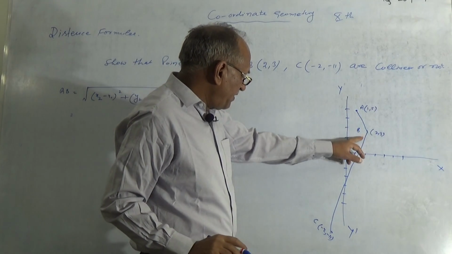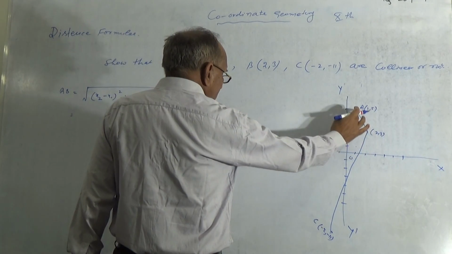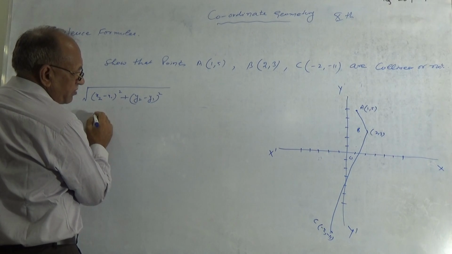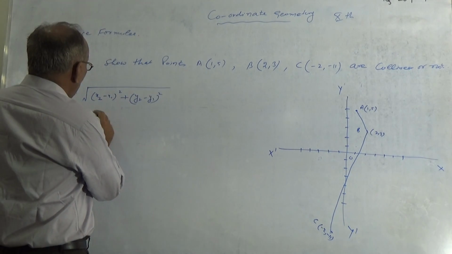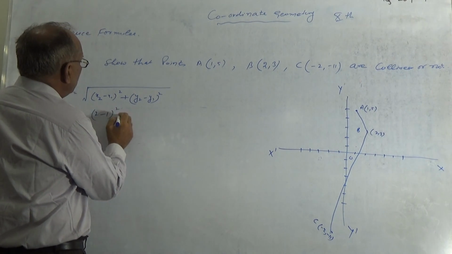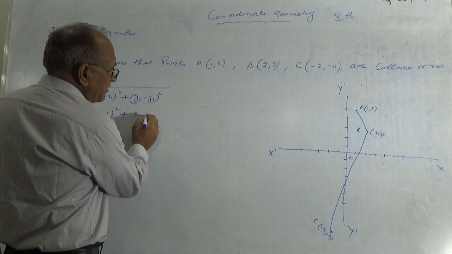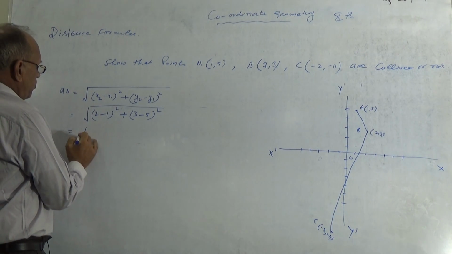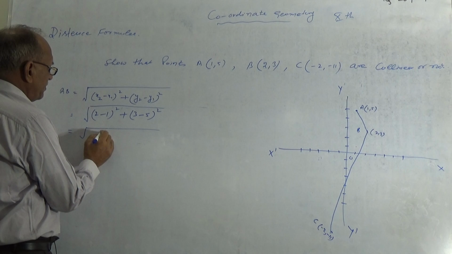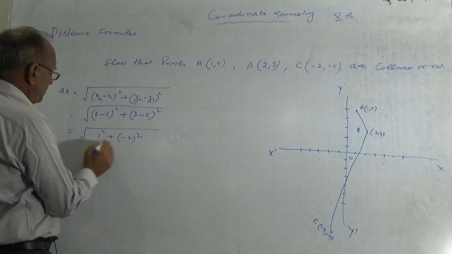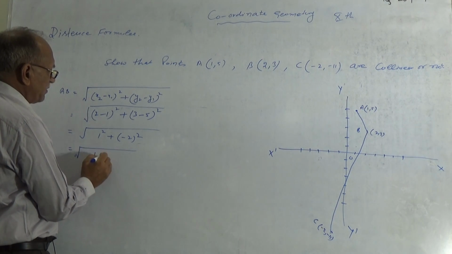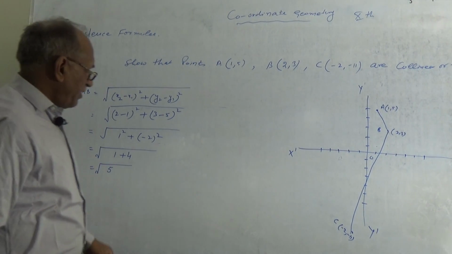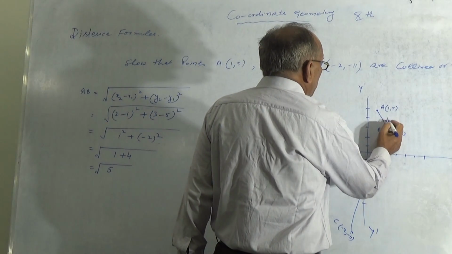Here in AB, x2 is 2 and x1 is 1. So (2 minus 1) square plus (3 minus 5) square, which is 1 plus 4, that is square root of 5.